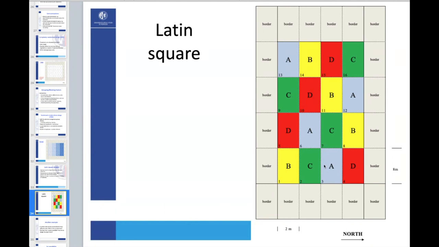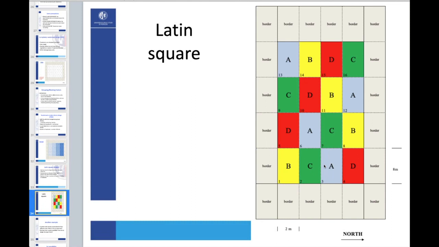Why did I have to make this smaller? I had to make this smaller because I need to have as many blocks as there are treatments and as there are replicates. So in this case, I needed 4 replicates and therefore 4 treatments. Otherwise, it is almost impossible to have all treatments in all rows and all columns.